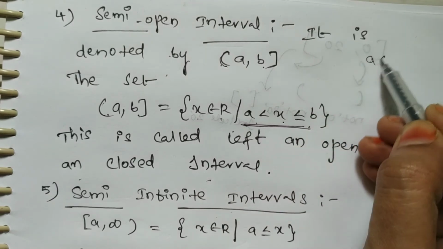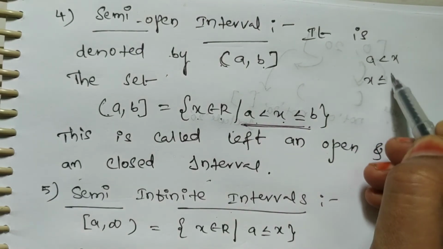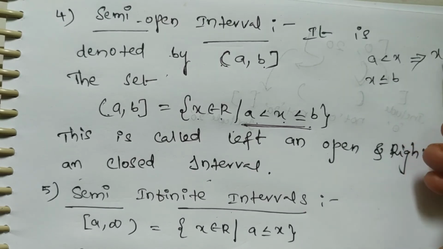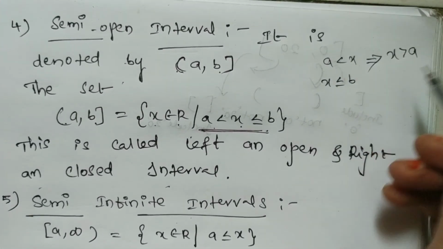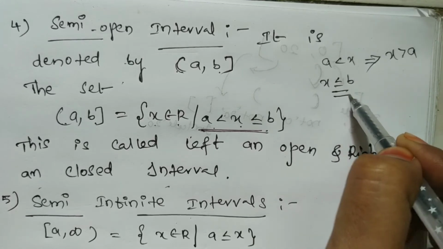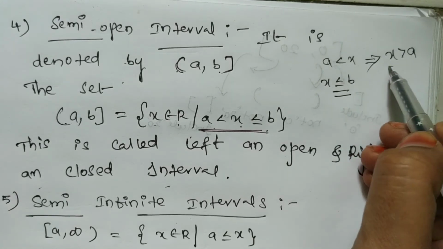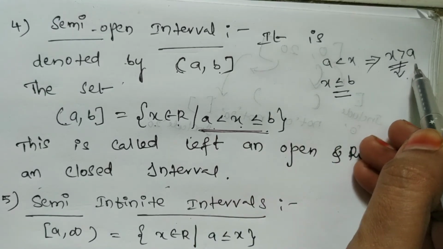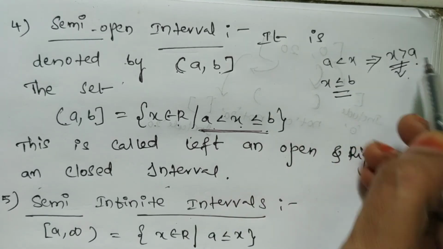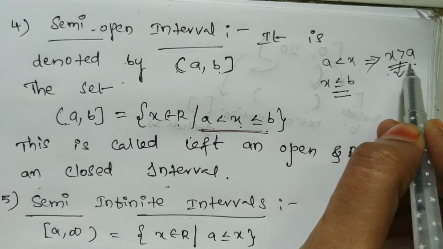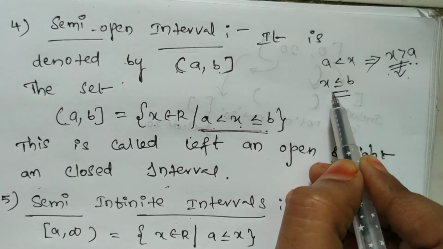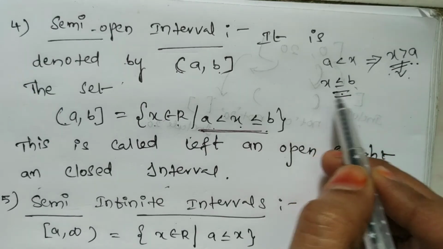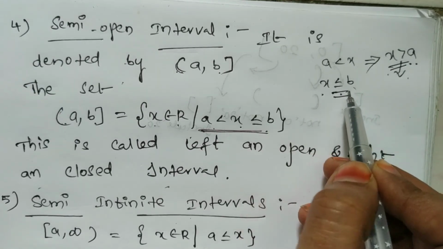So a less than x means x is greater than a, and x is less than or equal to b. So here the value a is not included and x is greater than a, and b is included, so x is less than or equal to b.